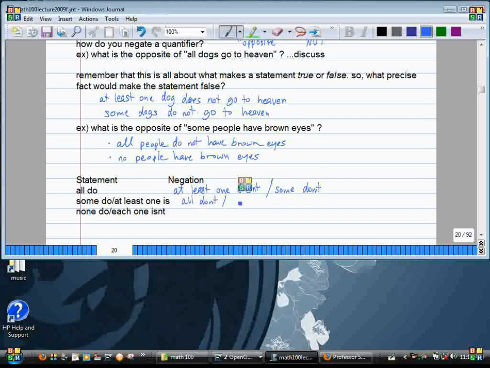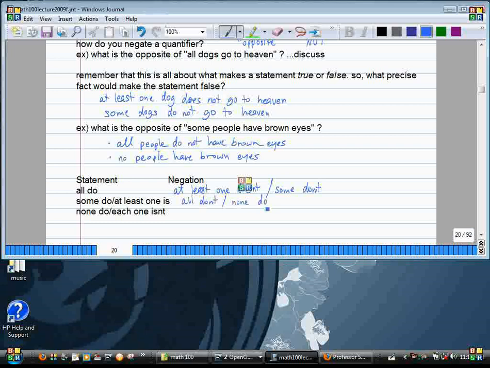No. None do. Because could you have at the same time at least one is and at least one isn't? You could have those at the same time, so that's not the opposite. So at least one is, the opposite of that would be none do.